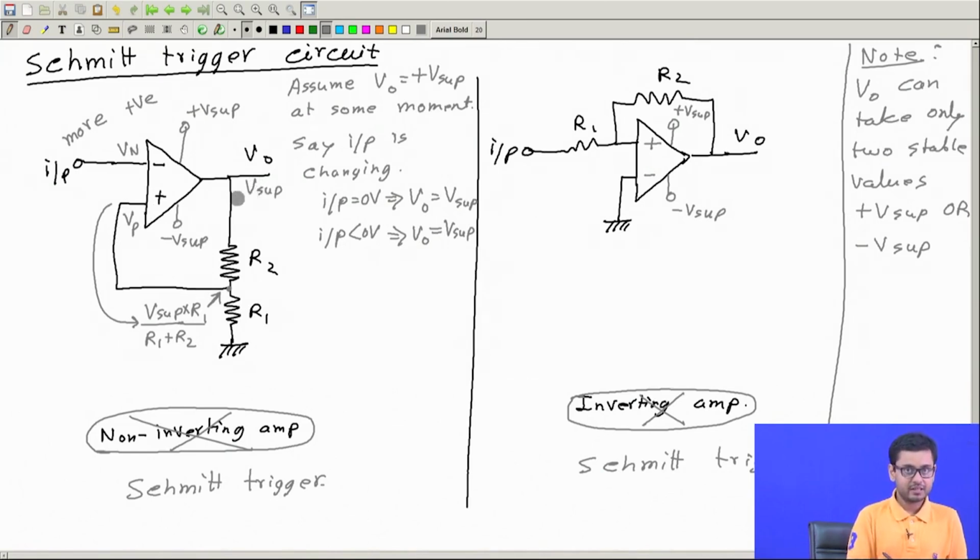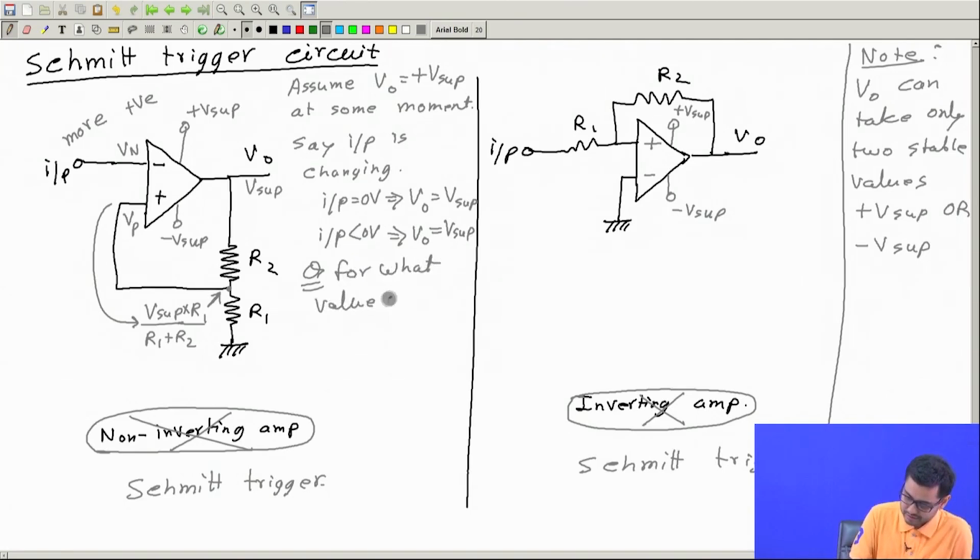Now, let me ask, at what value of the input this output will become negative? Okay. So, question, for what value of input V o will become negative? This is the question.